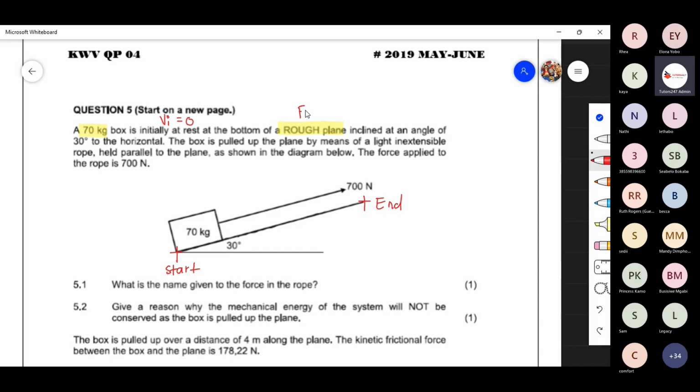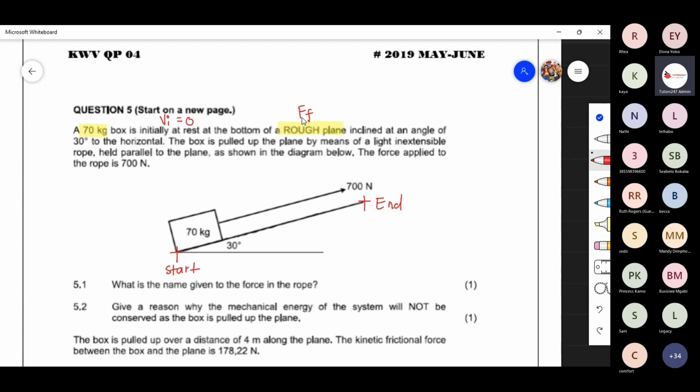That indicates that there is frictional force, because keep in mind, frictional force only acts when there is a rough surface involved. Inclined at an angle of 30 degrees to the horizontal. The box is pulled up by means of a light, inextensible string.